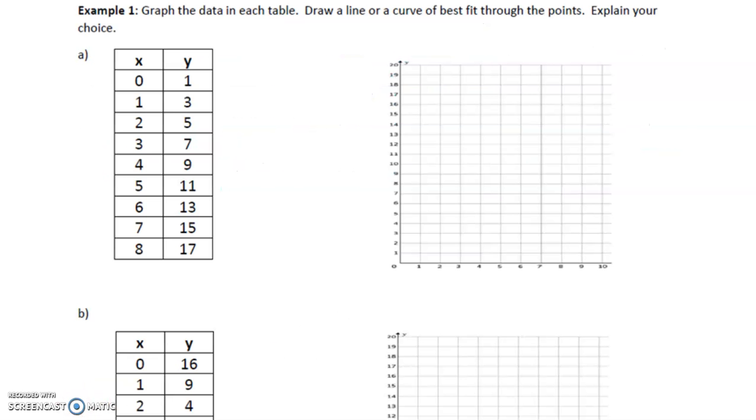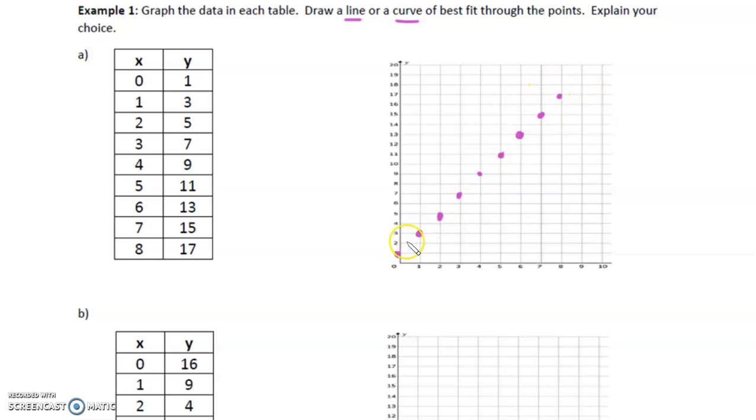Okay, example 1. Graph the data in each table and then draw a line or curve of best fit through the points and then explain your choice. So we're going to graph 0, 1, 1, 3, 2, 5, 3, 7, 4, 9, 5, 11, 6, 13, 7, 15, 8, 17.